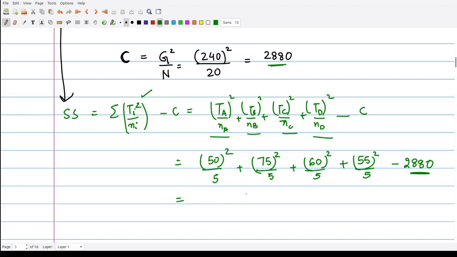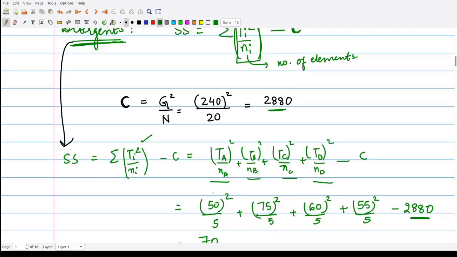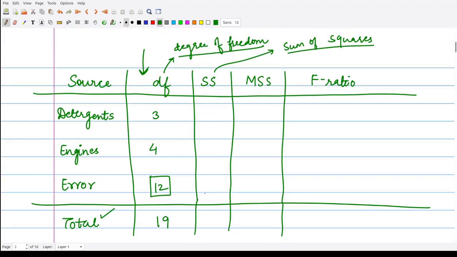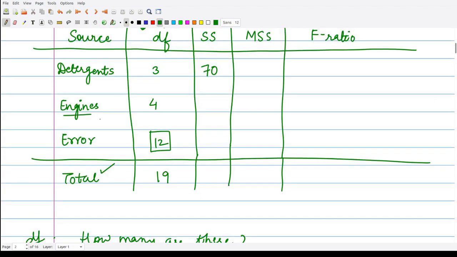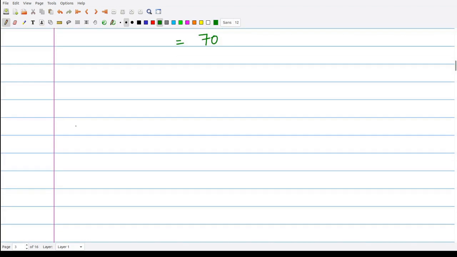When you solve this out, it comes out to be 70. So we got our SS for detergents. Let's fill it in the table. So it is 70. Next, we'll calculate the same for engines, SS for engines.